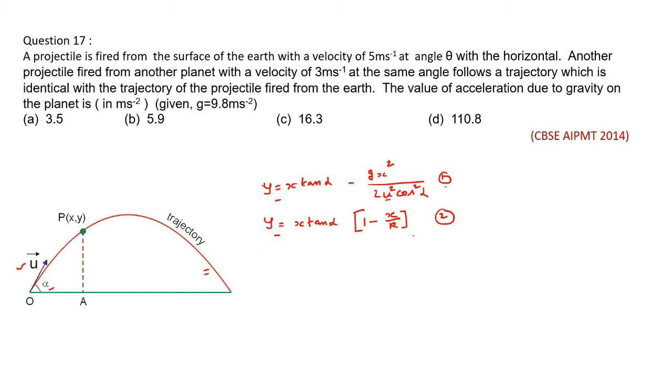Let us use this equation for both earth and planet because the trajectories are the same. Earth is also a planet, but this is some other planet. If the same equation is applicable for both projectiles, of course the angle of projection is the same, and the range should also be the same for both the paths.